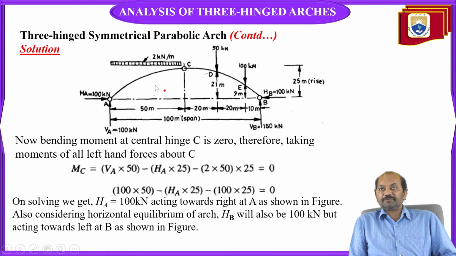Though if you take left-hand forces or right-hand forces, the answer will come the same. Here for left-hand forces, VA into 50 meters because C is at a distance of 50, VA into 50 minus HA into height 2.5.